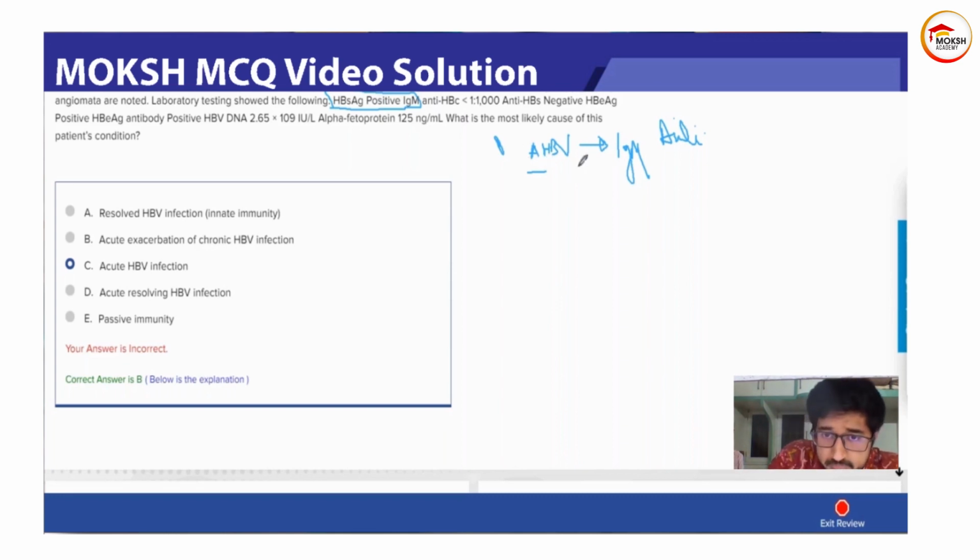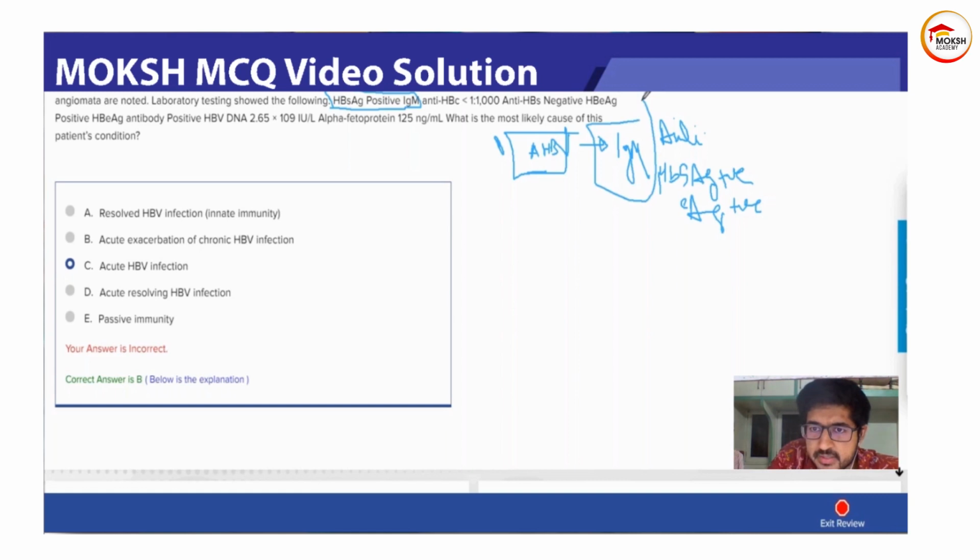So when you have an acute case of HBV, it will be HBsAg positive. You can always refer to your First Aid tables. Then it will be HBeAg positive. And since it's an acute infection, the antibody will be IgM. So this is what is there in your acute phase.